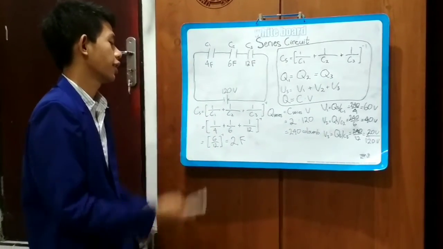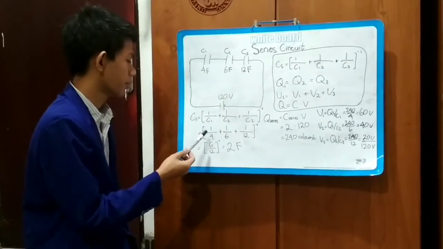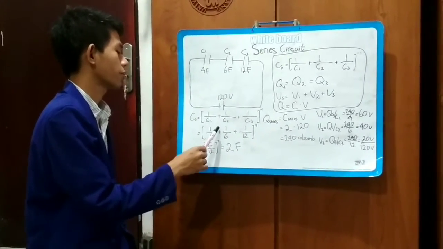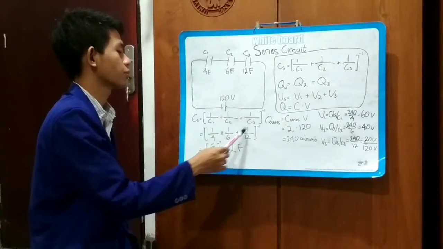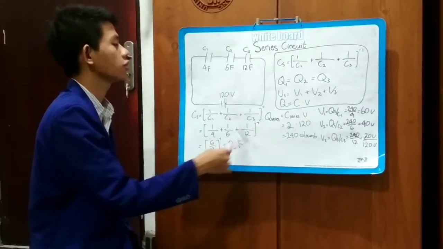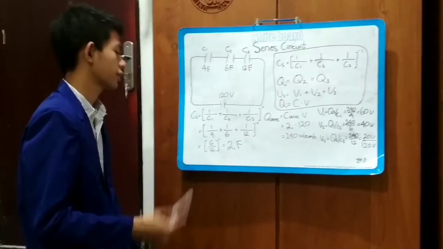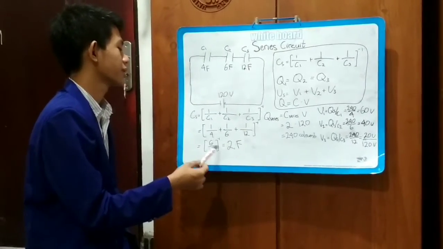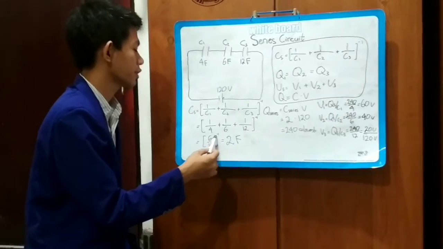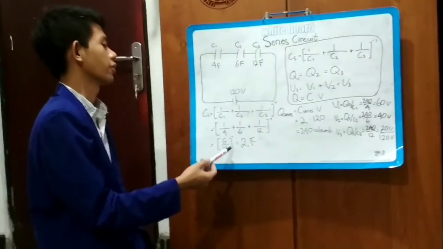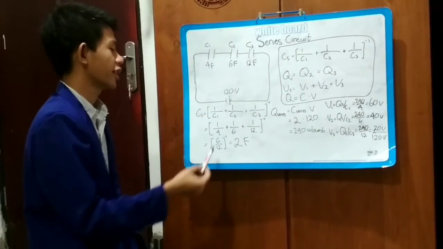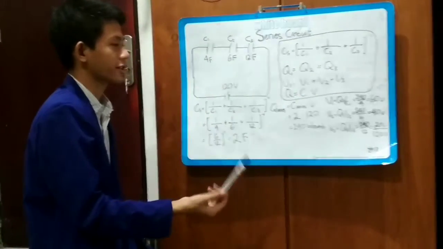Then we can input the numbers: 1 over 4 plus 1 over 6 plus 1 over 12, all raised to the minus 1. Then 6 over 12, all raised to the minus 1. So we got the capacitance in series circuits is 2 farads.